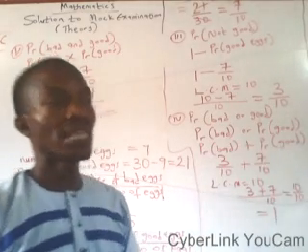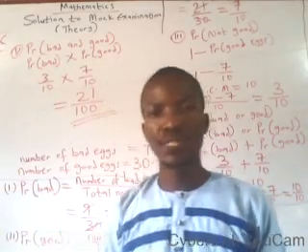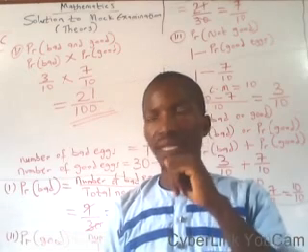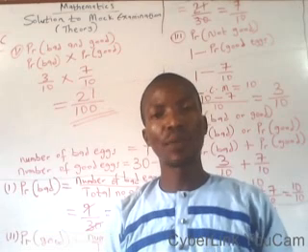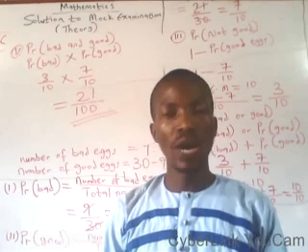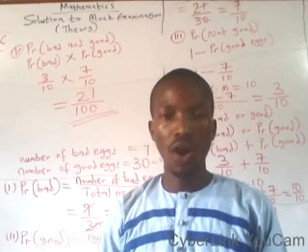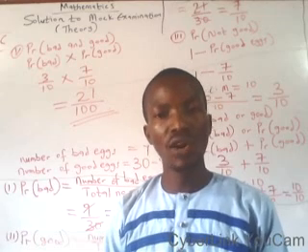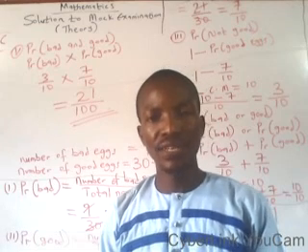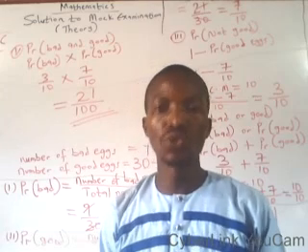At this point, I want you to try as much as possible. Always have it at the back of your mind that in probability, not means 1 minus the probability, or means addition of the two probabilities given to you, and and means multiplication of the two probabilities given to you.